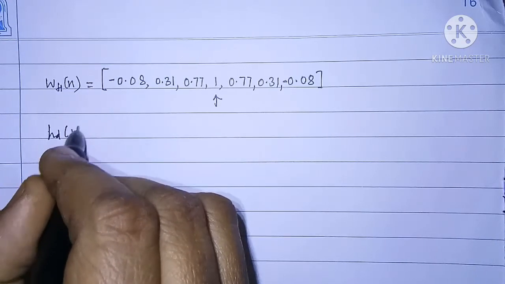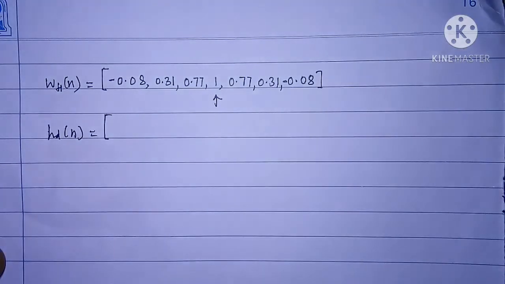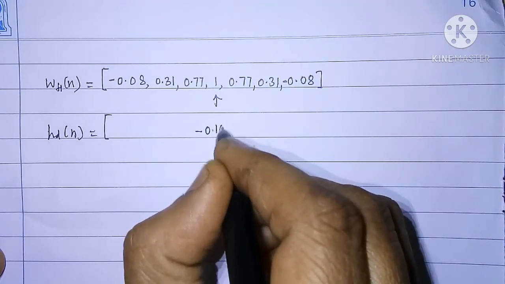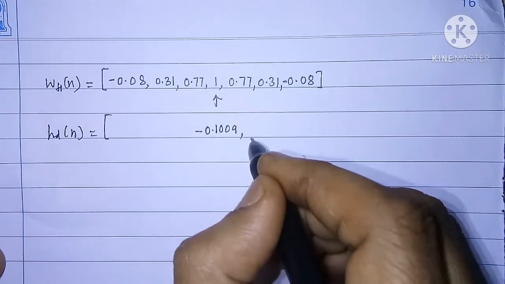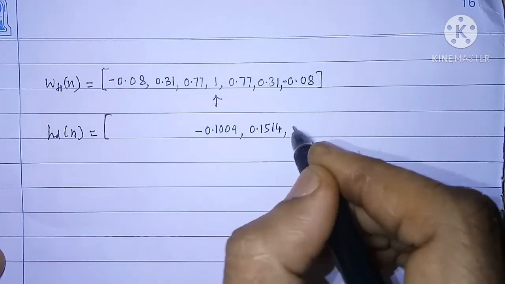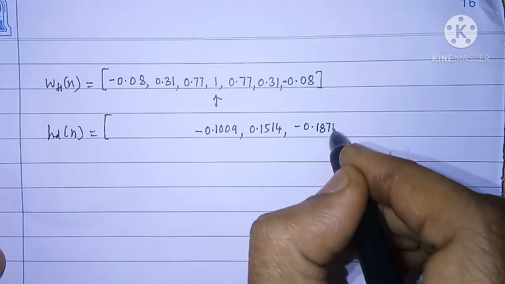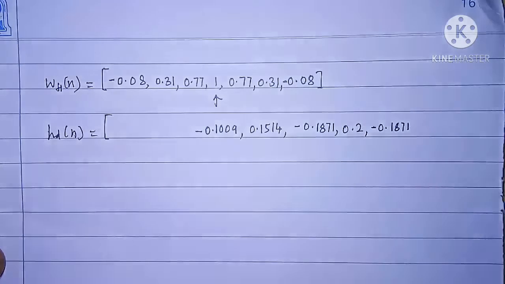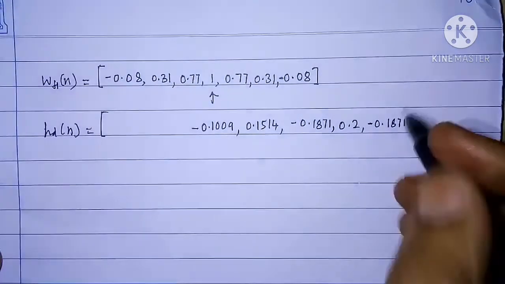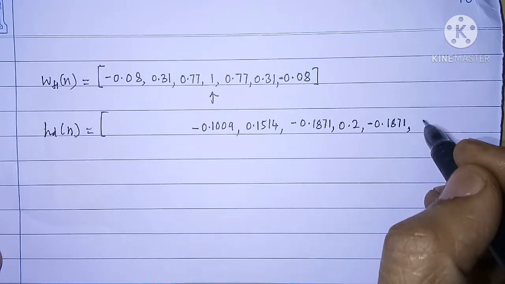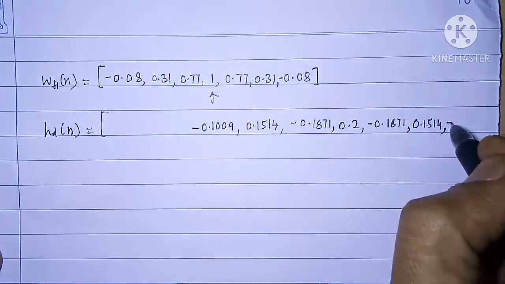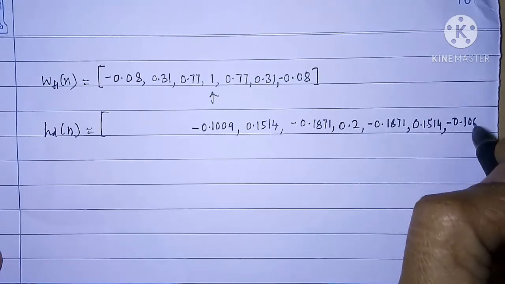Next, HD of n I will write. Minus 0.1009, 0.1514, minus 0.1871, 0.2, minus 0.1871, 0.1514, and minus 0.1009.